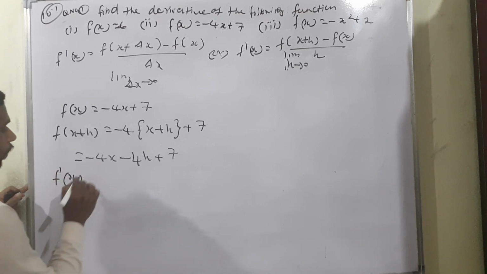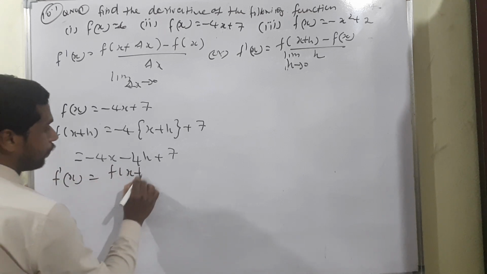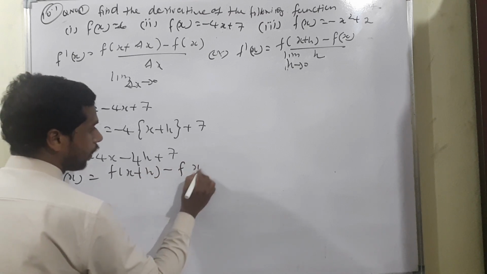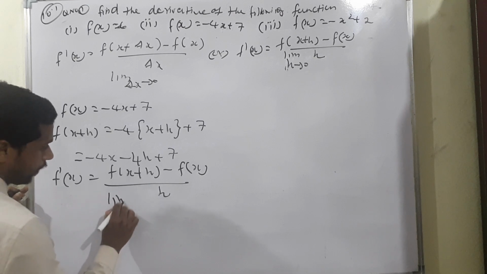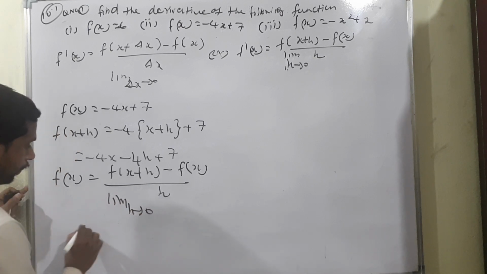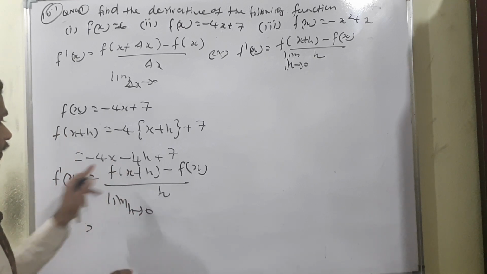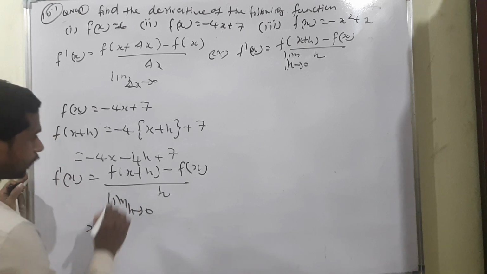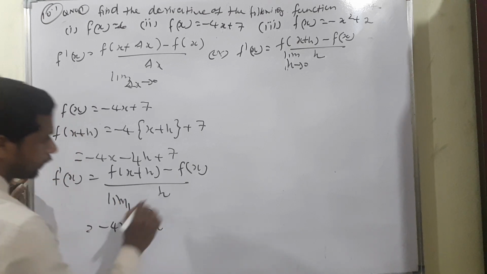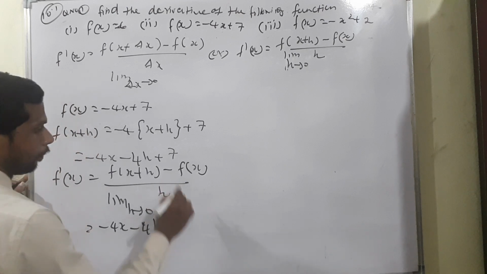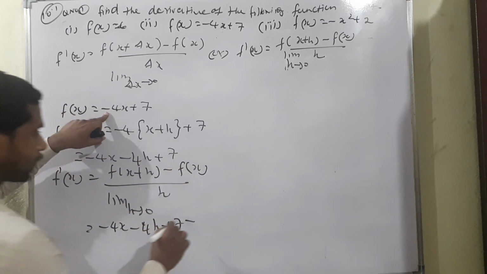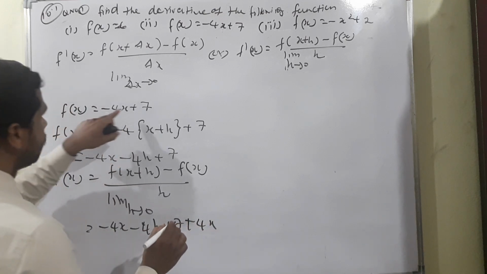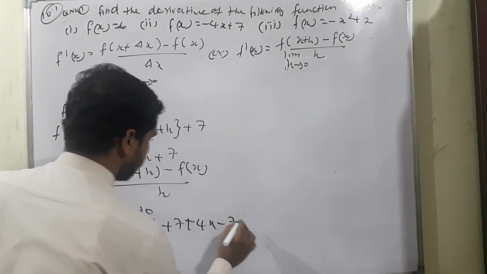So, f dash of x is equal to f of x plus h minus f of x divided by h, where limit h tends to 0. Already we found f of x plus h is equal to minus 4x minus 4h plus 7, minus f of x. Minus of f of x means minus into minus is positive 4x, and minus into plus is minus 7.